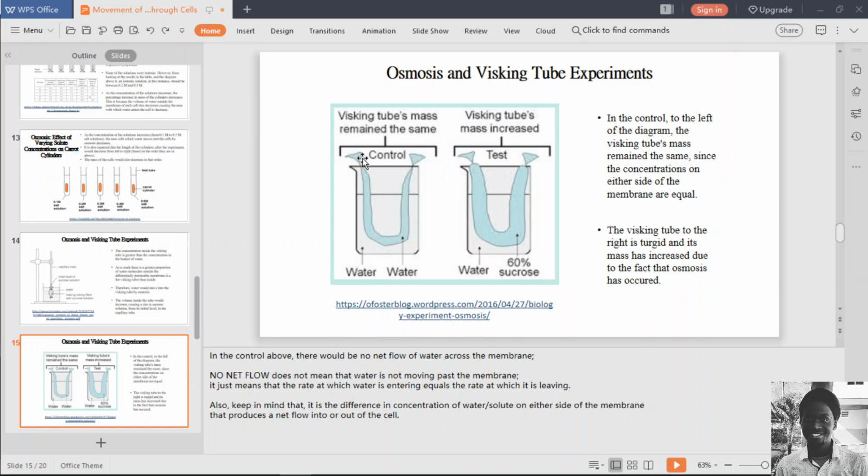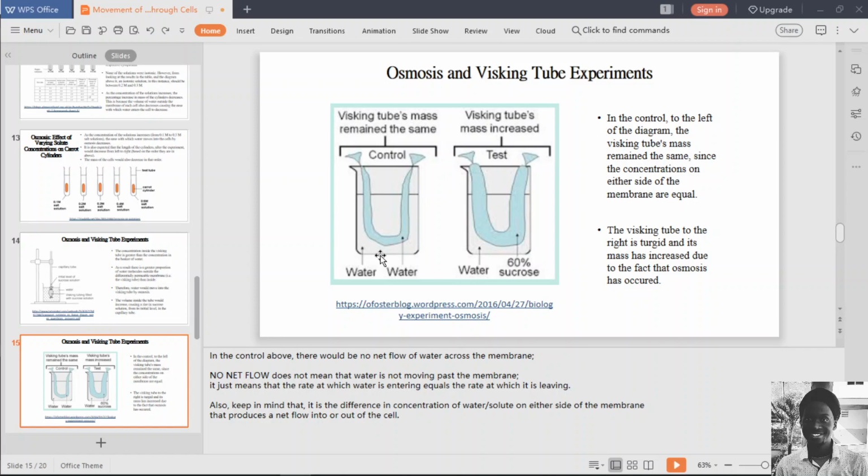So this is a control experiment, and at the end of this experiment, it was observed that the whisking tube bag had the same mass, and it retained its mass because there was no net flow of water across the membrane. And no net flow does not mean that the water did not pass the membrane.